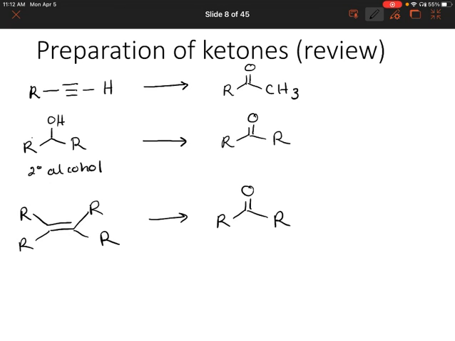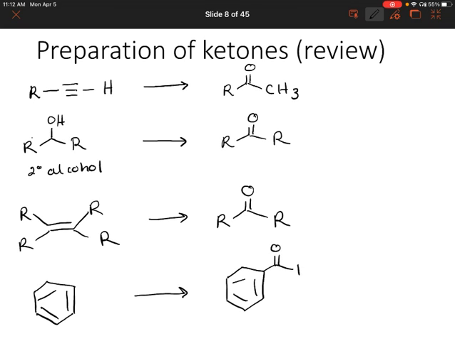And in the fourth option, we have a benzene ring, and then we're adding a ketone to it. All right, so pause the video, see if you can remember the reagents for these different reactions. And then when you unpause, we'll go over it together.